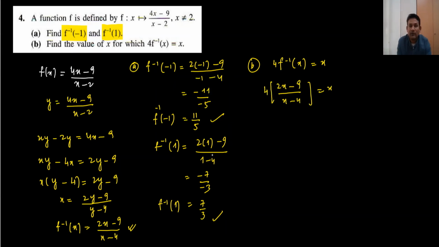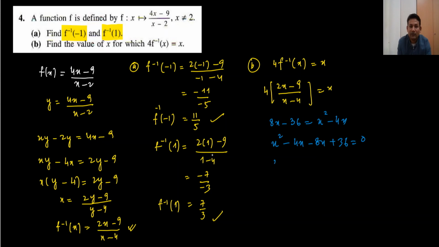So when multiplied, it's coming 8x minus 36 is equal to x minus 4 multiplied, on the right-hand side x squared minus 4x. We have a quadratic equation. I move all to the right-hand side: x squared minus 4x minus 8x and plus 36.